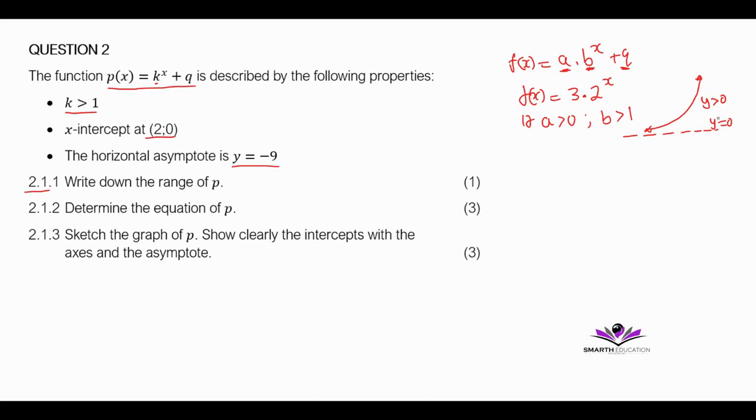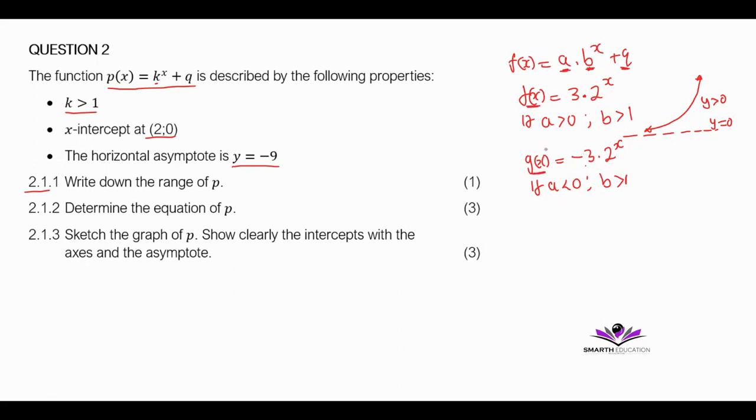So it's y greater than what? Greater than the asymptote. The graph is above the asymptote. We can have a situation where g of x is equal to -3 times 2 to the power x. If a is less than 0 and b is greater than 1, like in this case, our a is -3 and b is 2.